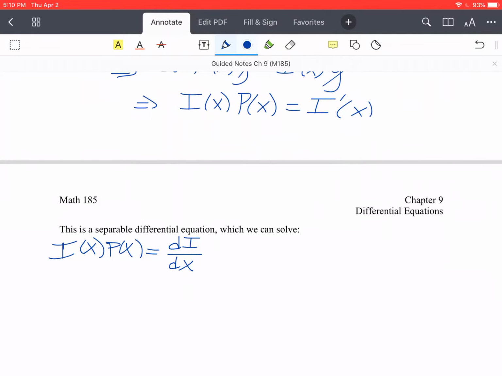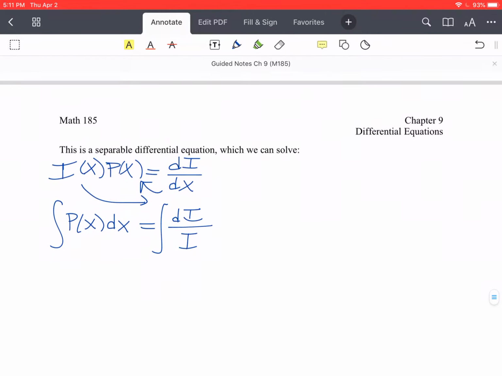So instead of I prime, I'm writing derivative of I with respect to x. And now write this as a separable differential equation. So I'm going to bring the dx over here, divide the I over here. That's going to give us p of x dx equals dI over I. And now we can integrate both sides using that technique of the separable differential equation.